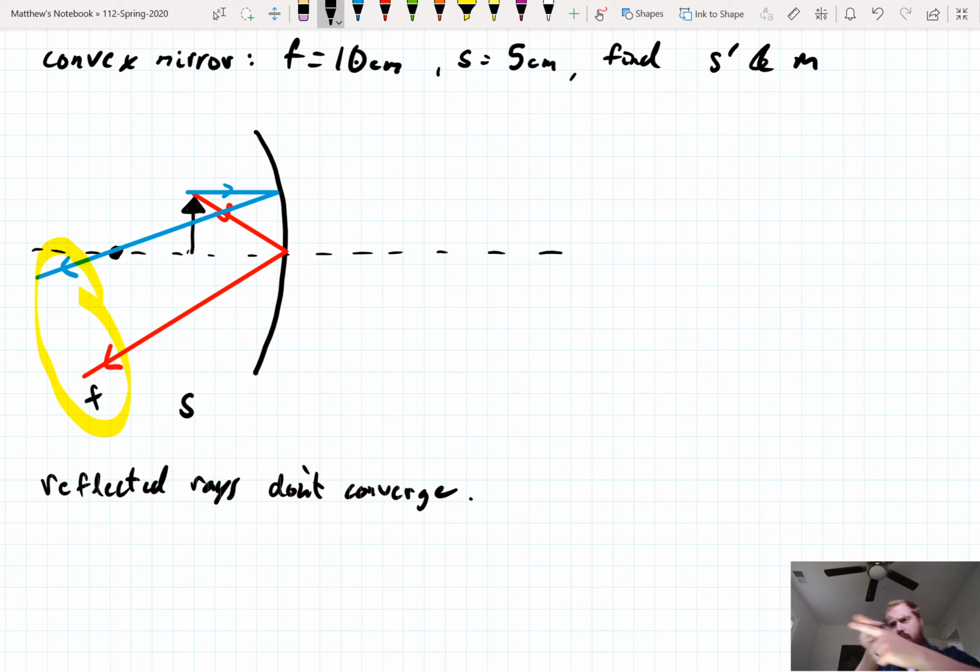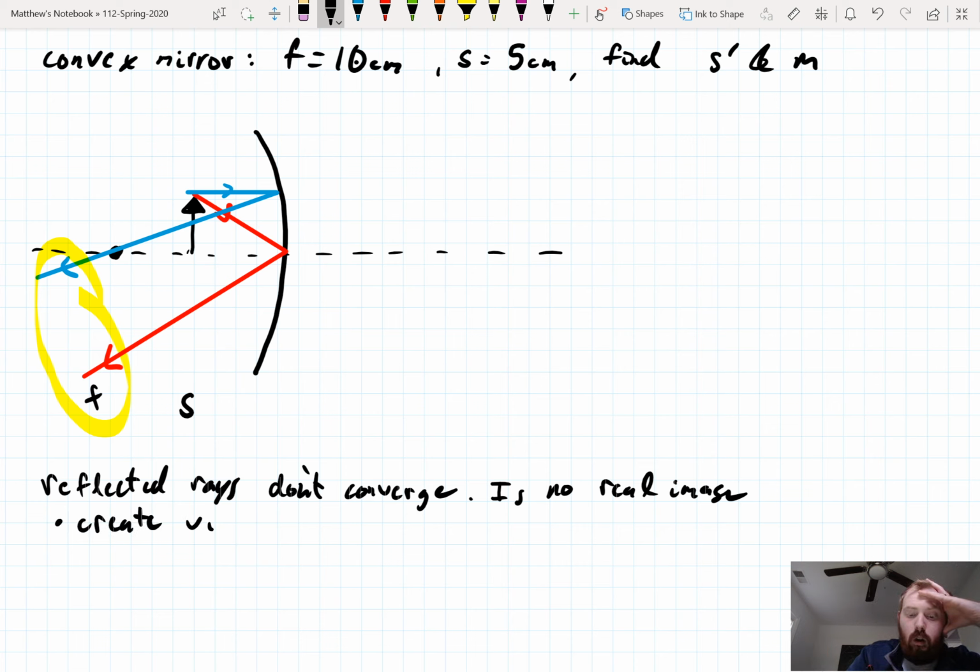They're going off at different angles. They'll never cross. So we can say that there is no real image. The rays never cross. So what do we do? Create a virtual image.